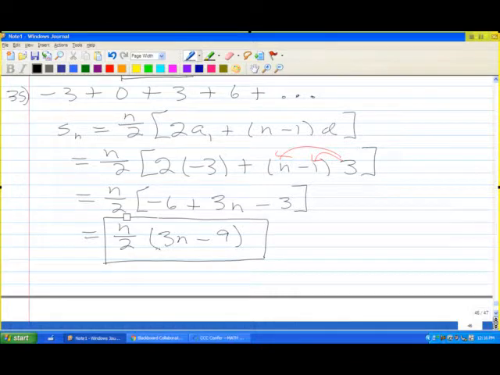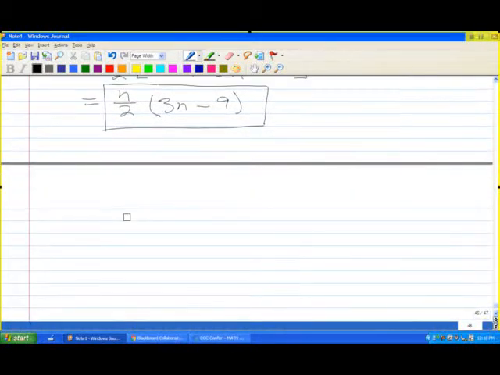Okay, let me do problem number 37. S sub 12 equals 222. S sub 14 equals 301.